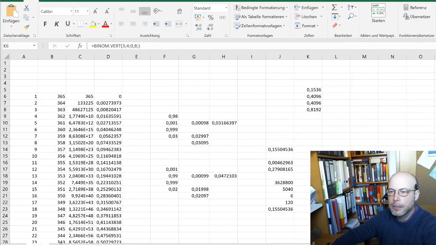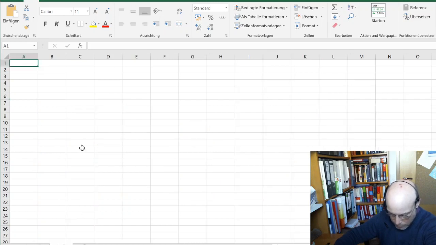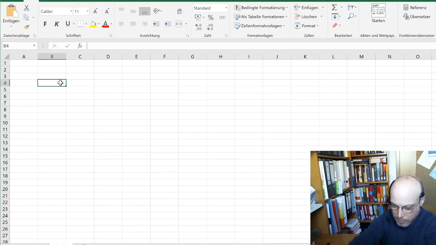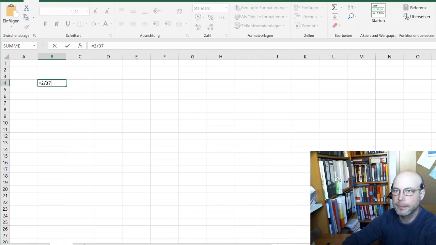my Excel file because I don't want to use the calculator. So we have here 2 over 37, and the probability is this to the power of 9.